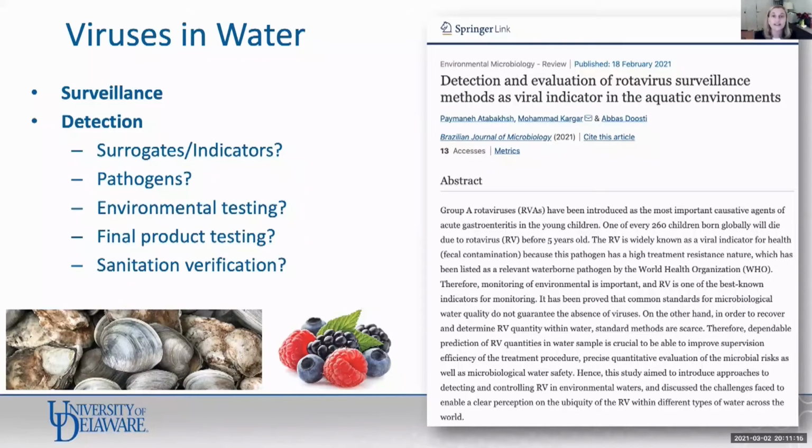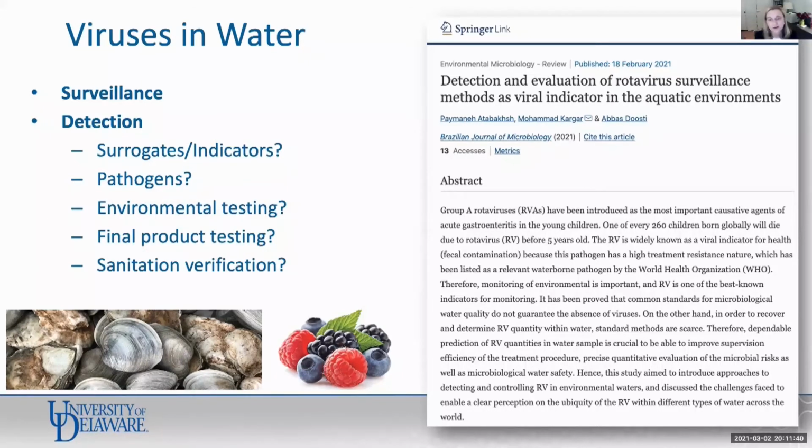Should we look for indicators of fecal contamination, for example? Or should we look for surrogates so that we can test those in a processing environment and use them for validation, for example? Are we going to be doing environmental testing in waters like our marine habitats for these shellfish, or are we looking for a way to ensure that sanitation is done properly?